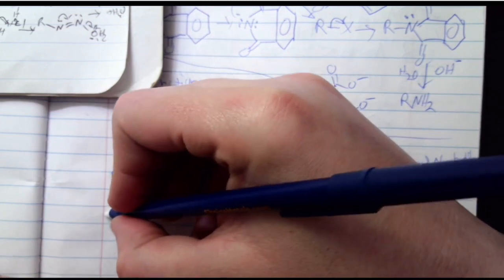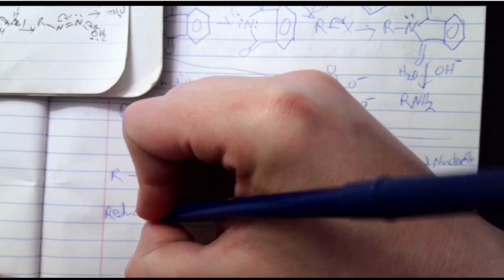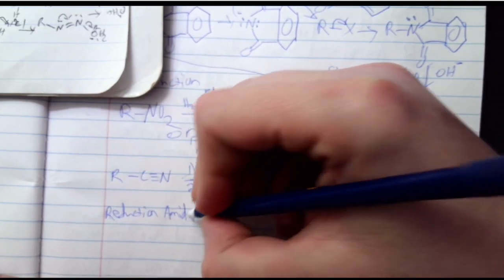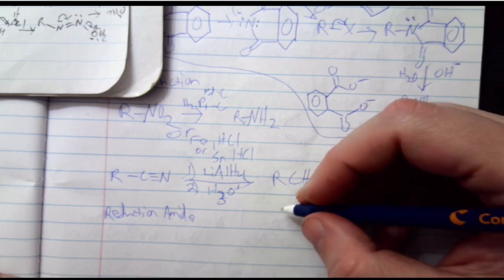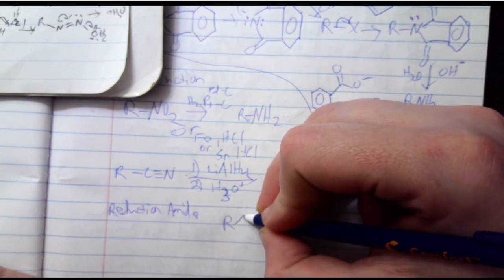That's just one way. And one other way to do that is from an amide. Reductions of amide. And whether it's a primary, secondary, or tertiary amide is going to depend on whether it's a primary, secondary, or tertiary amine.